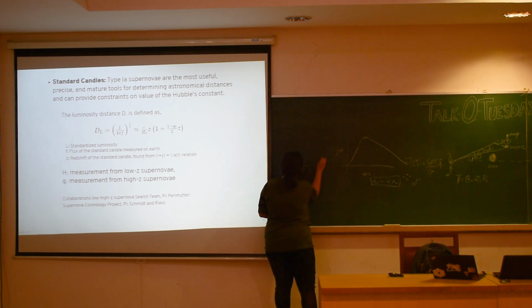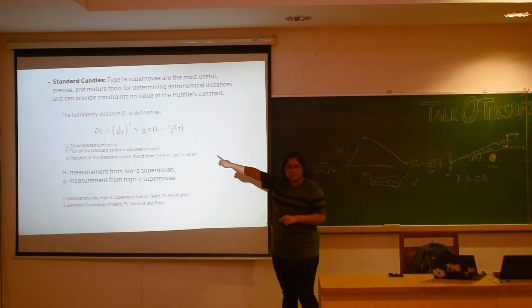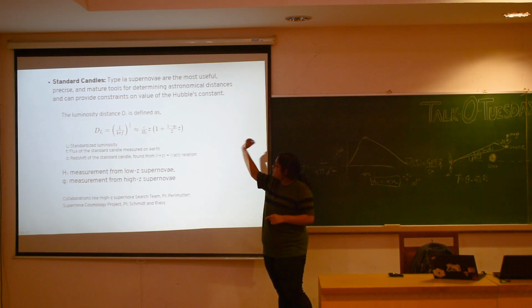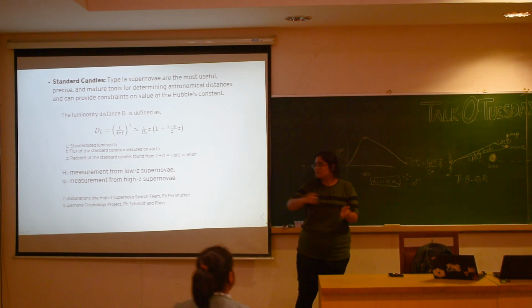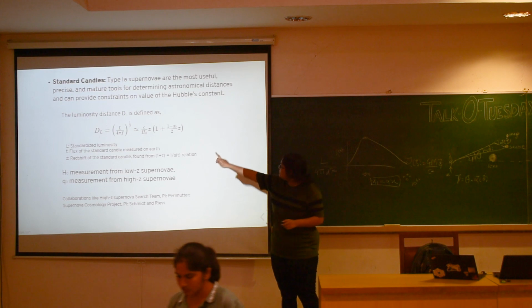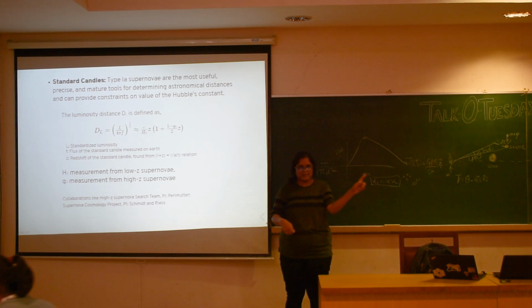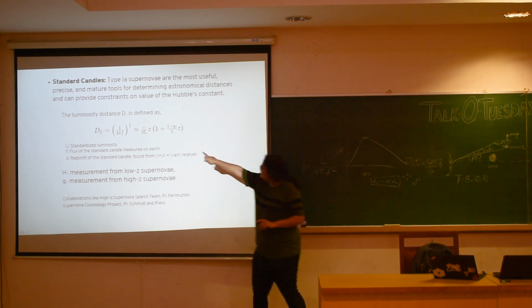The flux of any object is given as the luminosity of the body upon 4 pi distance squared. Just solve this equation for the distance and you will get that equation. And if you add in the formula of distance that you get from cosmology, you will get this relation, which is an approximation again, because we are using the Taylor expansion of a that I showed you in simplifying that formula.